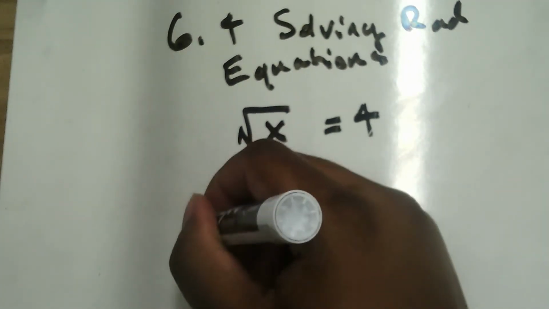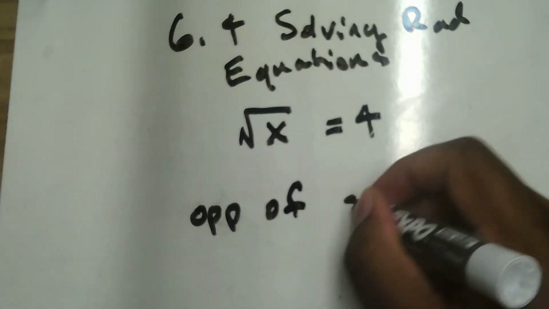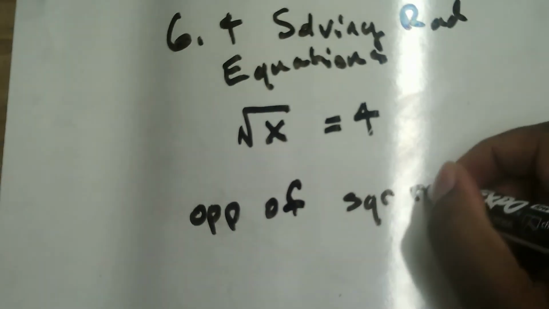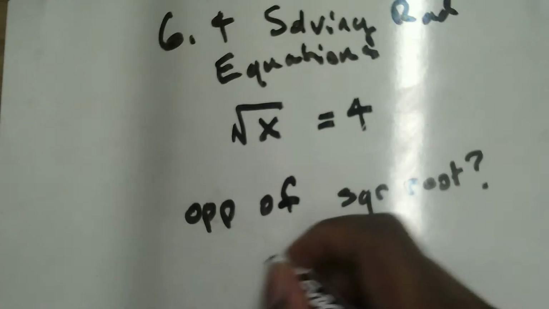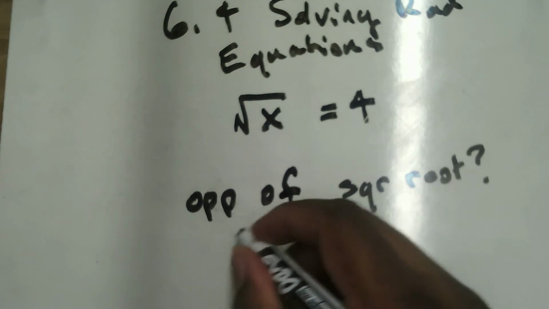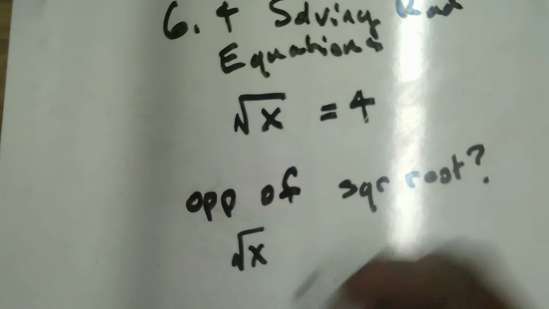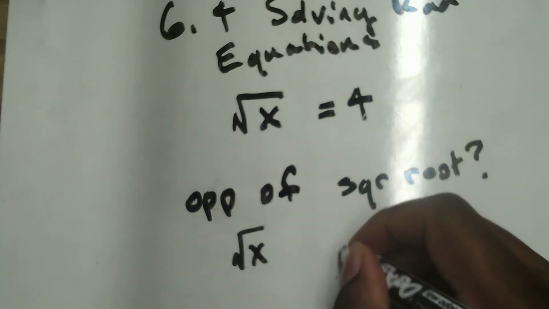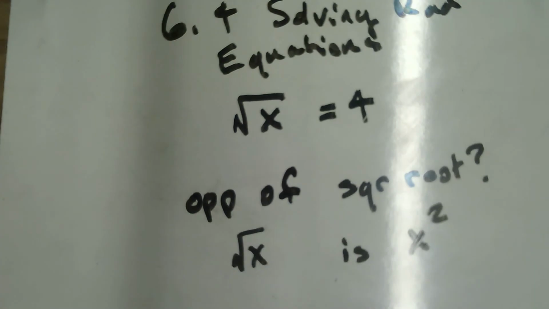Well, what is the opposite of square root? Right? What's the opposite of the square root of x? Well, the opposite of the square root is squaring.